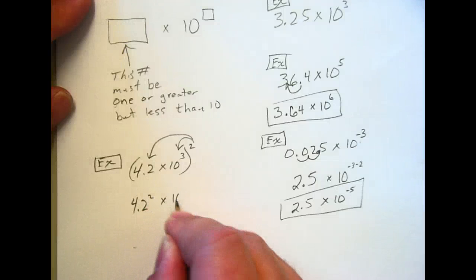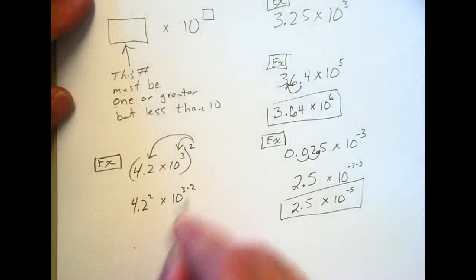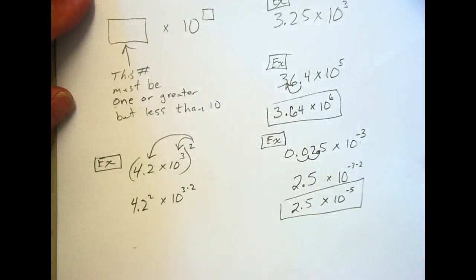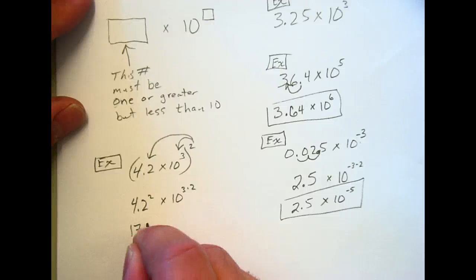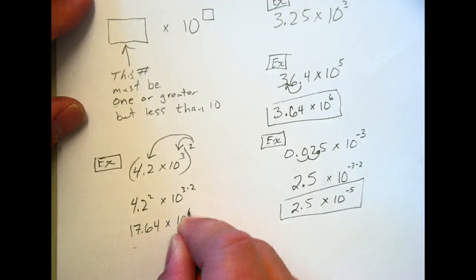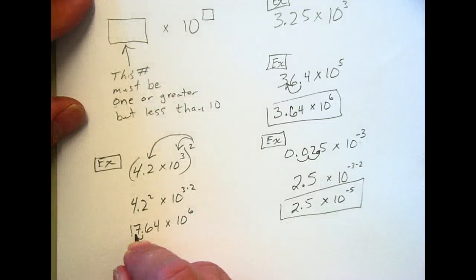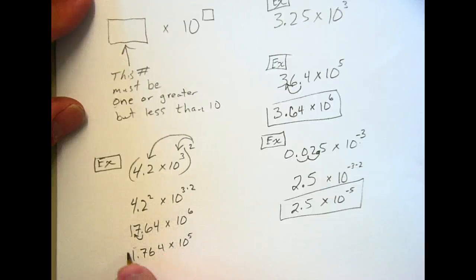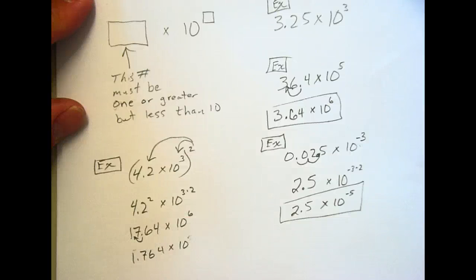Times 10 to the 3 times 2. We got 4.2 squared, 17.64 times 10 to the 6th. And then we've got to move that decimal 1, so it got smaller. So that's going to get bigger. Oops, it's going to get bigger.